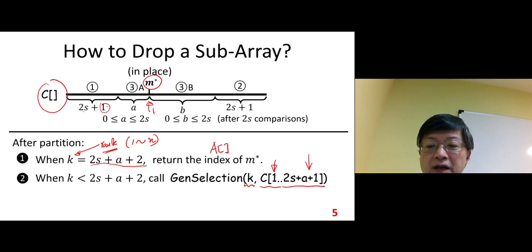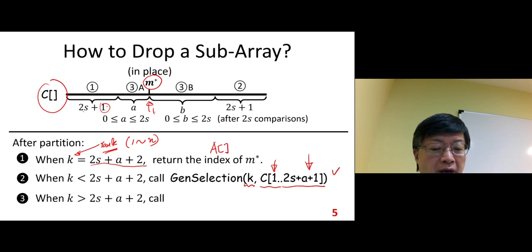That's a small difference we can adjust easily. So we get a small subarray, and we just call this recursive function in step 2.